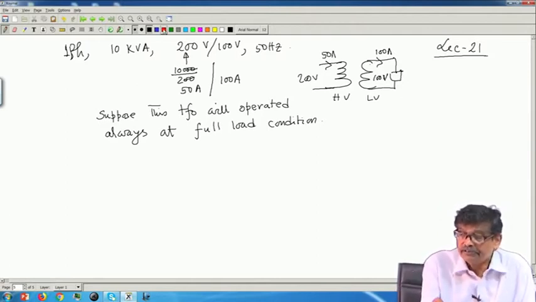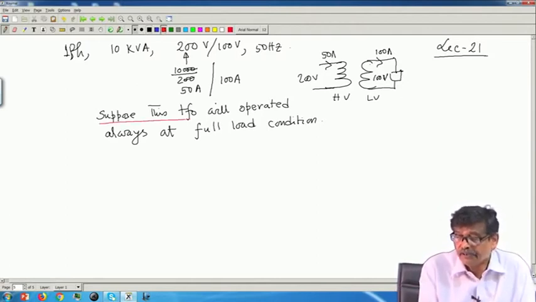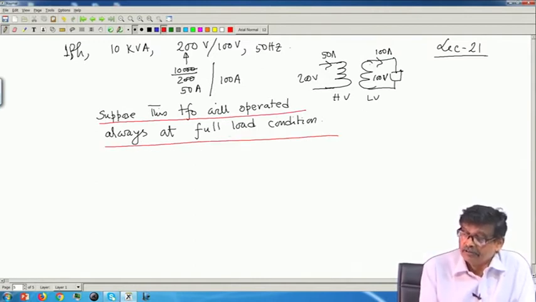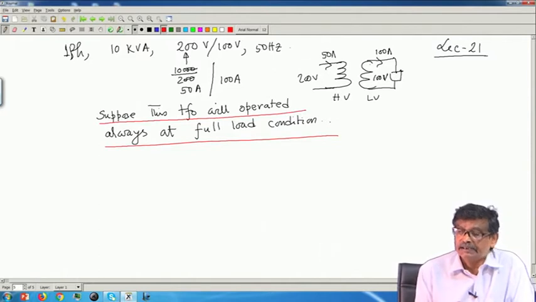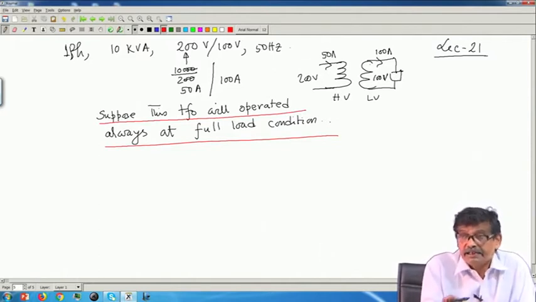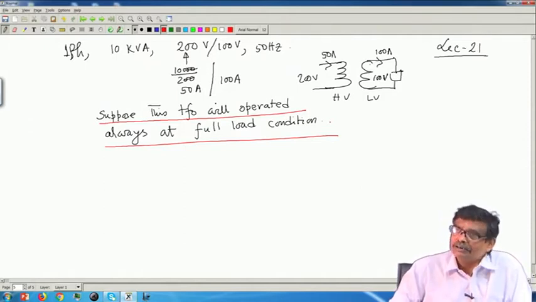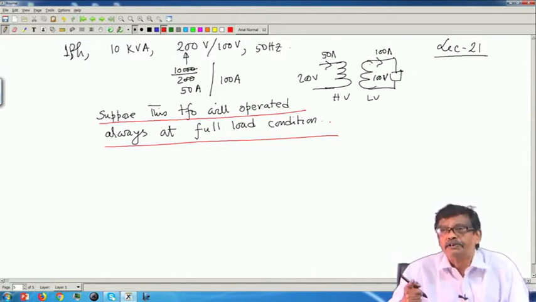So, suppose this transformer will be operated always at full load condition, that is, always handling 10 kVA. Then the question is, at what value of x should I demand that the transformer have maximum efficiency?